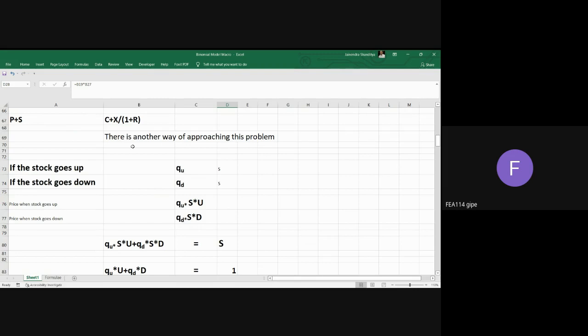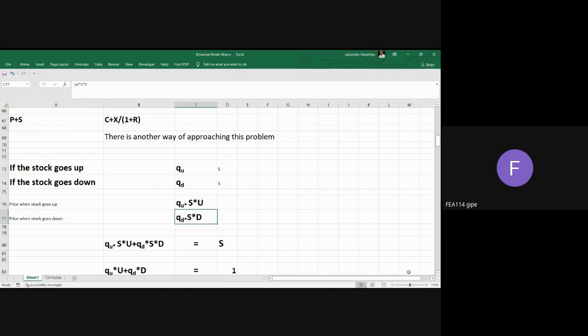So two things: if the stock price is $1, we assume that at day zero it is priced at QU. At day zero, if the stock is going to go down in the next period, we price it at QD. So actually, when a stock goes up, the actual price will be QU into S into U, and if the stock goes down, the price will be QD into S into D. Why?